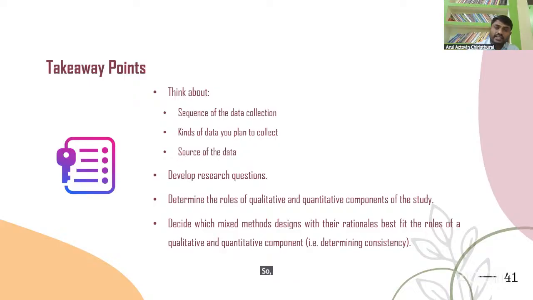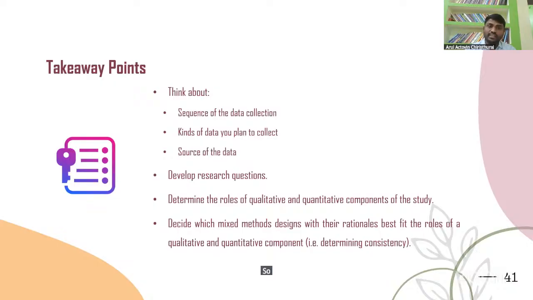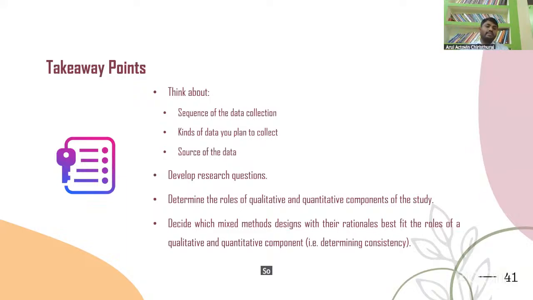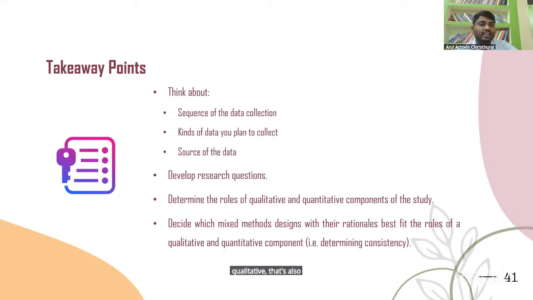For these 6 types of research design, think about the sequence of data collection, how we are going to collect the data for these 6 different types. So the sequence may be concurrent or otherwise; whichever different type we want to do, keep it in your mind. The second one is the kind of data you plan to collect. For example, which data we can collect for quantitative and for qualitative. Also keep in mind the source of the data.